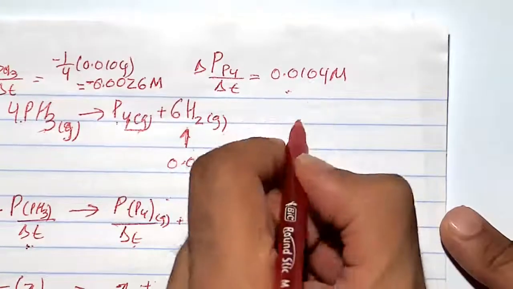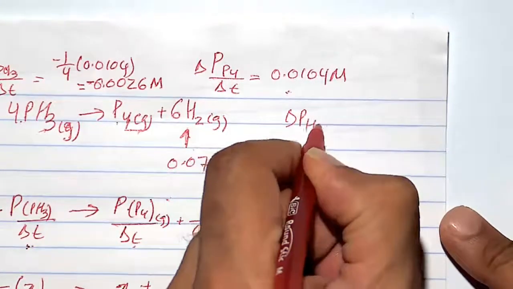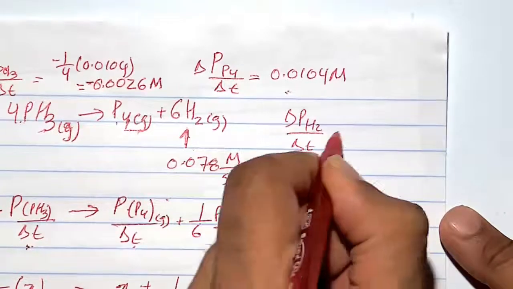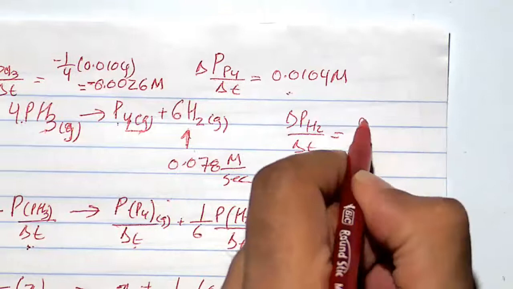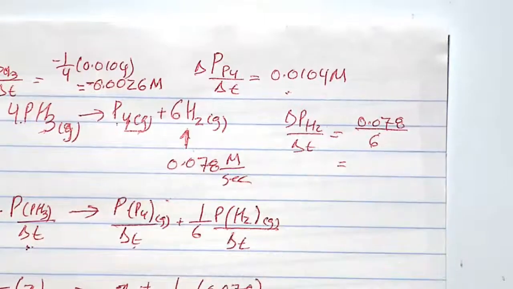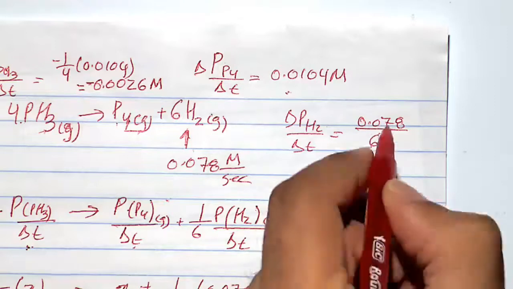And then finally, the rate of appearance of hydrogen gas is 1/6 of our 0.078, and 0.078 divided by 6 is 0.013 molar.